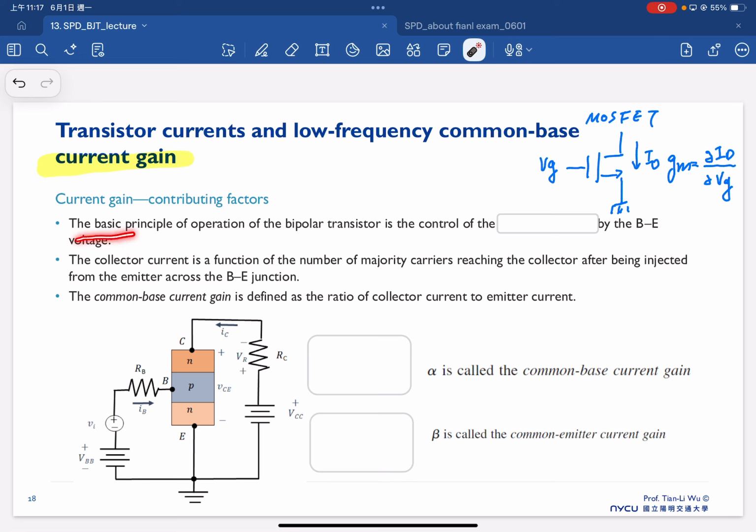The basic principle of operation of the bipolar transistor is a control of the collector current by the base and emitter voltage here.